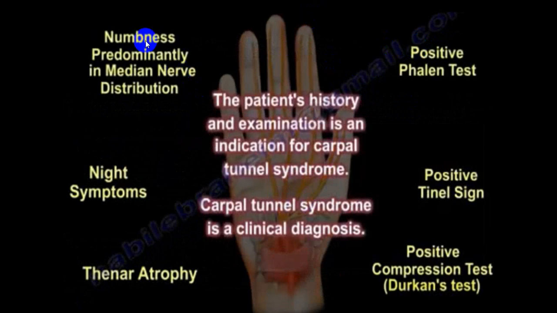So numbness, night symptoms, thenar atrophy, positive Phalen sign, positive Tinel sign and positive Durkan sign, all these are characteristics of carpal tunnel diagnosis.